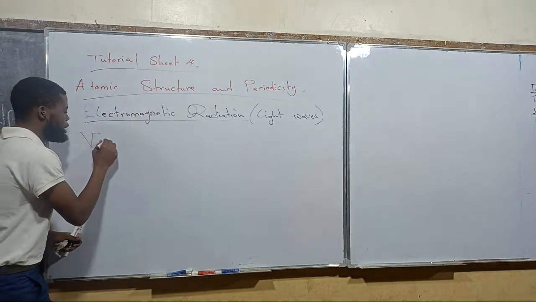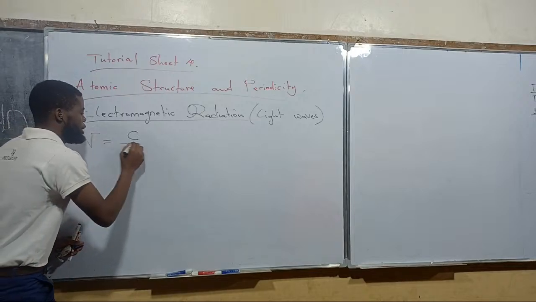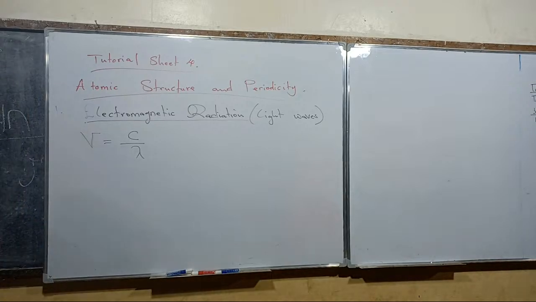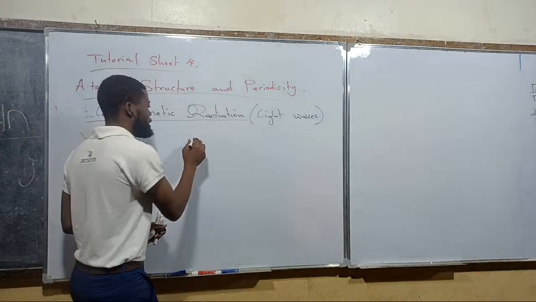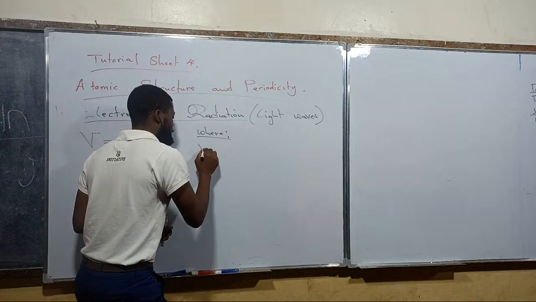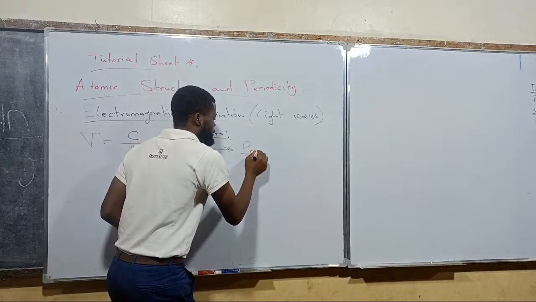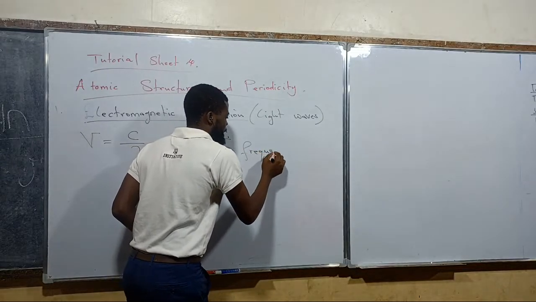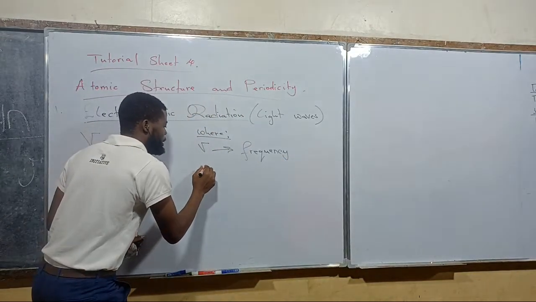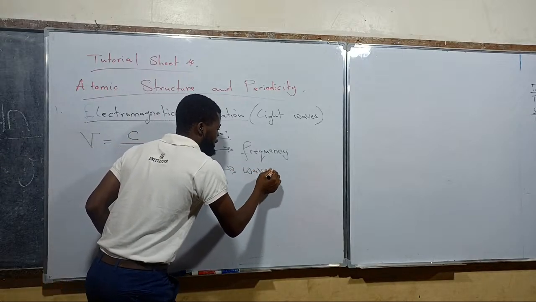Frequency is equal to the constant speed of light, which is c, divided by lambda, which is just the designation for wavelength. So these are the characteristics of electromagnetic radiation: they have frequency, they have wavelength.